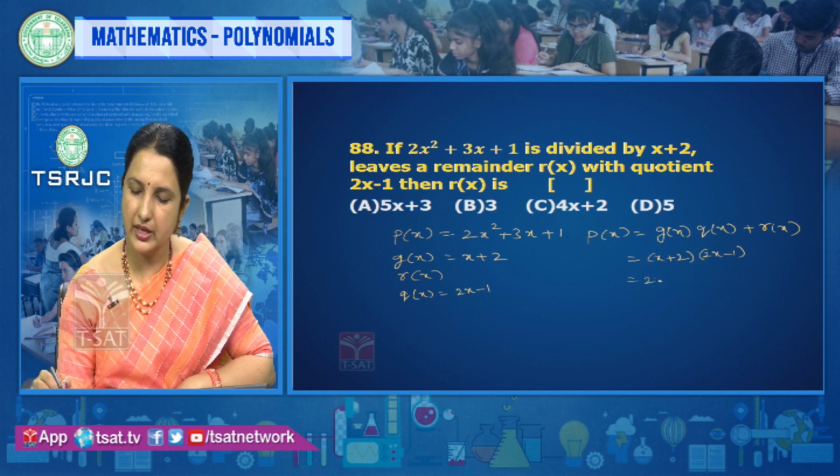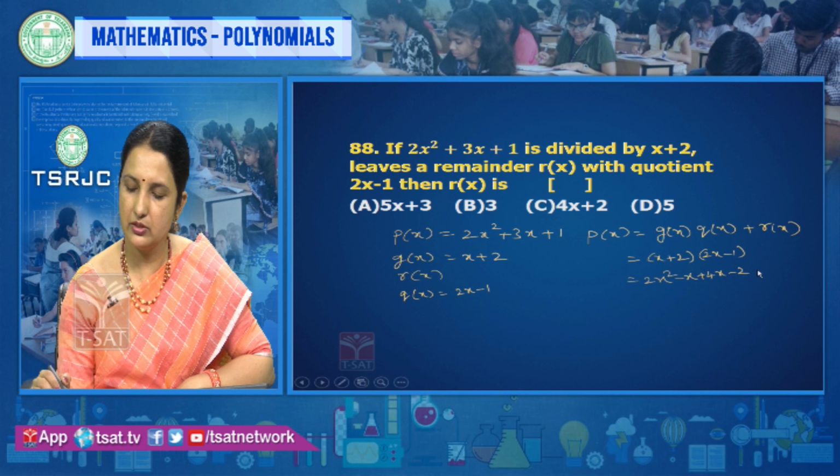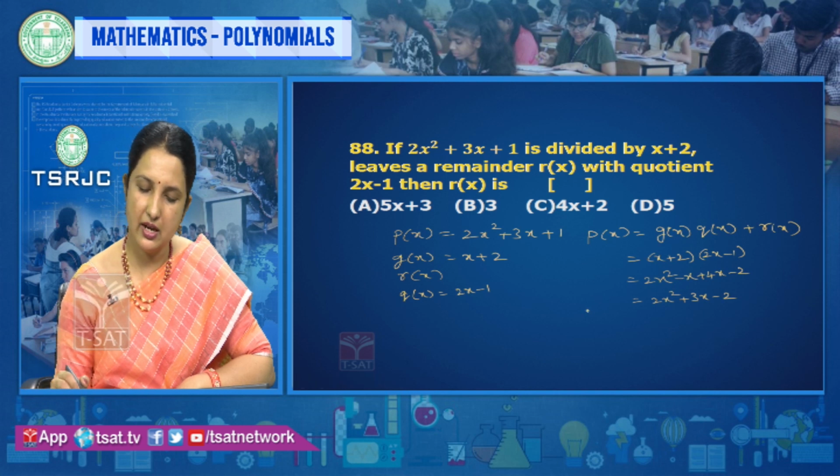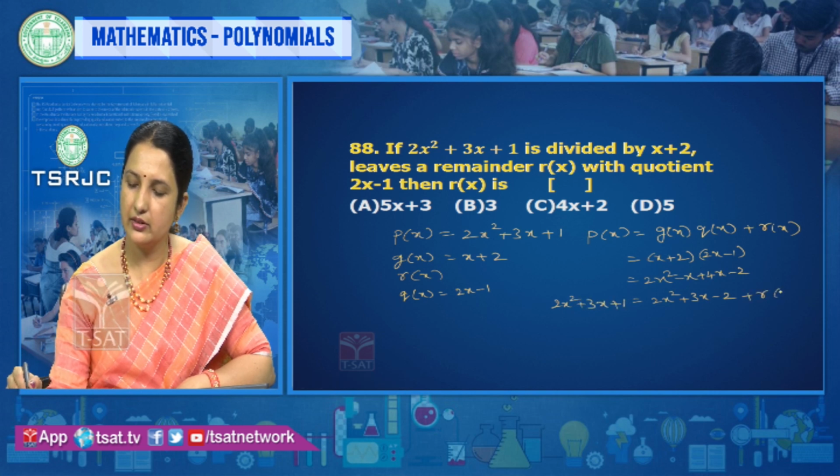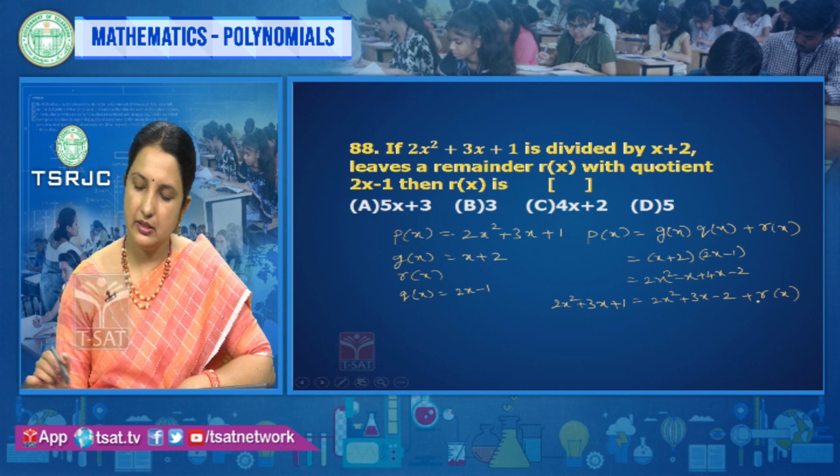What will you get? 2x square minus x plus 2 twos are 4x minus 2, that is 2x square plus 3x minus 2. What is p of x? You write here 2x square plus 3x plus 1. Then what is r of x? That you have to find out. Leave this here only.